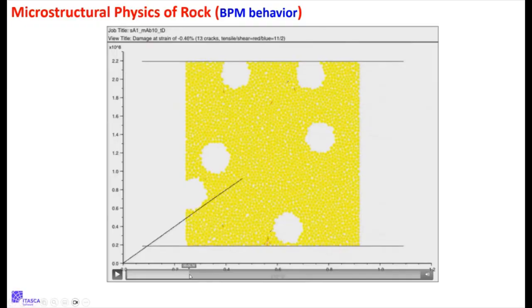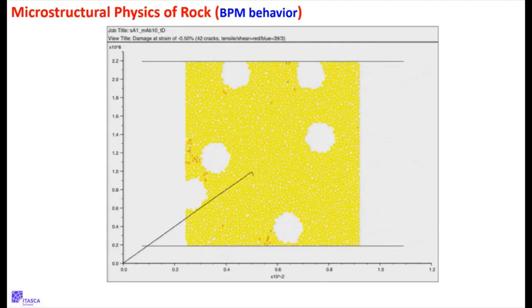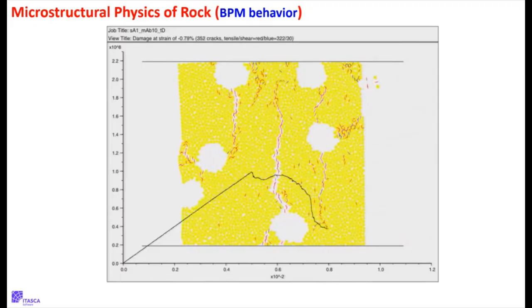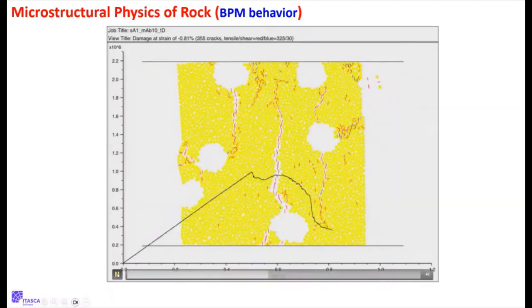Notice, there's a few cracks that have formed. There's some more cracks. Look at this. At this point, it's starting to drop that stress strain curve. Now there's more cracks forming, and it's dropping. And there's more cracks forming, and eventually it splits in half. Let's just run that from the beginning.